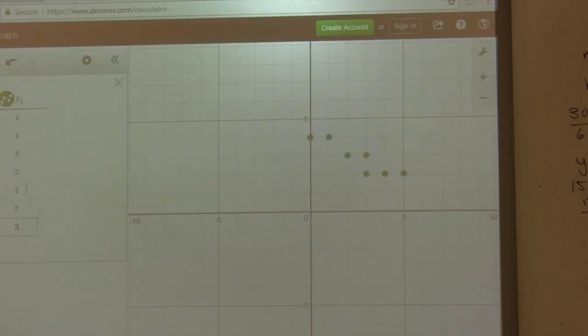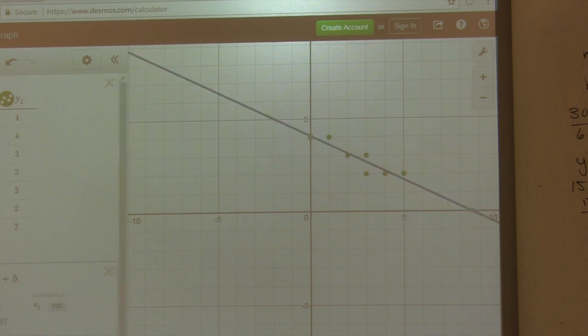Yes. So now what we do, remember, now we're going to add an expression, and we put in the formula y1 is approximately mx1 plus b. And that gives us our slope, so our equation would be y equals negative 0.48, if we round off to the nearest hundredth, x plus 4.08.